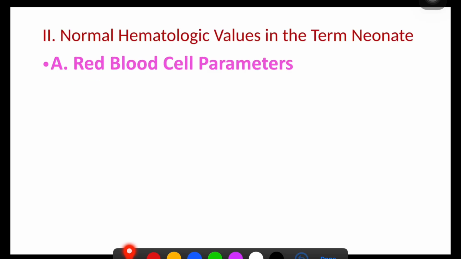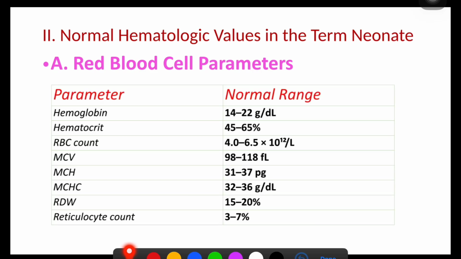Now let's see normal RBC parameters in the term neonate.